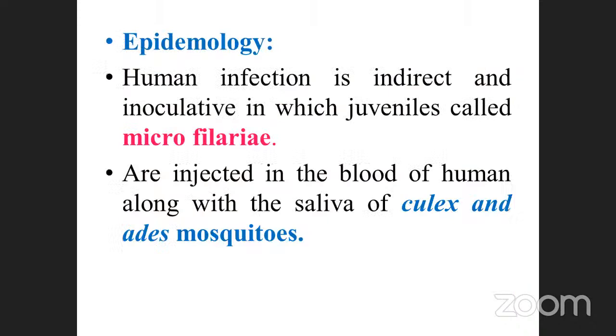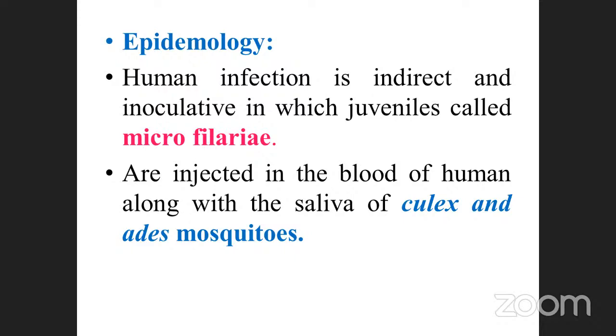See the epidemiology, how human infection occurs: it is indirect and inoculative, in which the juvenile called microfilariae, as I already told you, are injected into the blood of humans along with the saliva of the Culex and also the Aedes mosquito. Here, the female Culex mosquito.